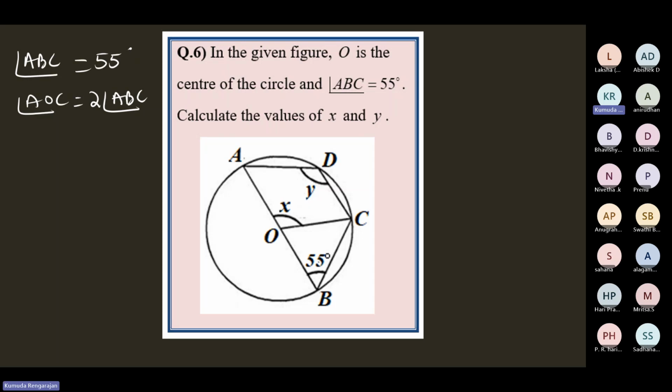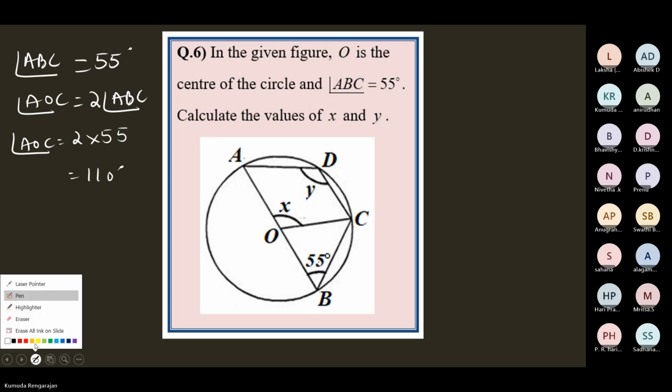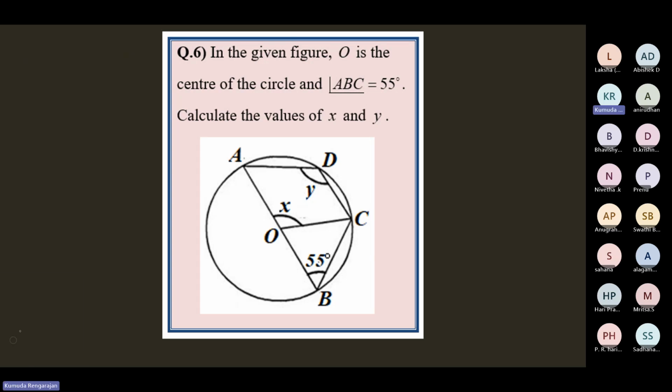The angle at the center made by the arc AC is double the angle made by the same arc AC at the point B on the remaining part of the circle. So angle AOC is equal to 2 into 55, 110 degrees. So the angle at the center, X, is 110.